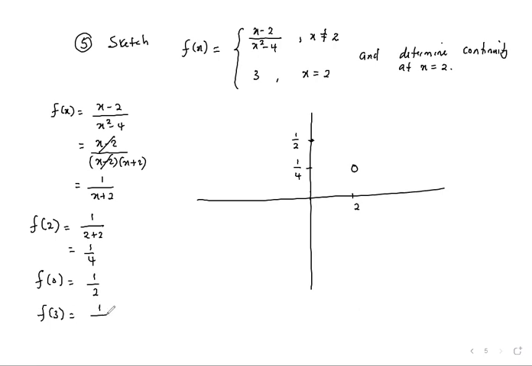We have 1 over 3 plus 2, which is equal to 1 over 5. And because of the nature of the graph, this is the asymptote. So our graph will be the curve, not the line. It will be like that. So that's the kind of graph that we have.